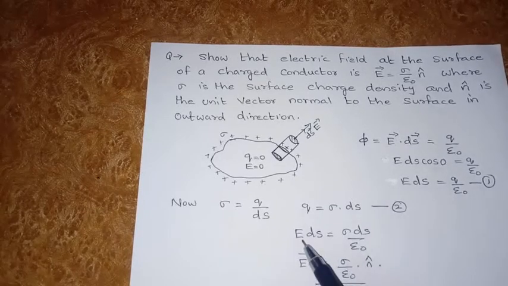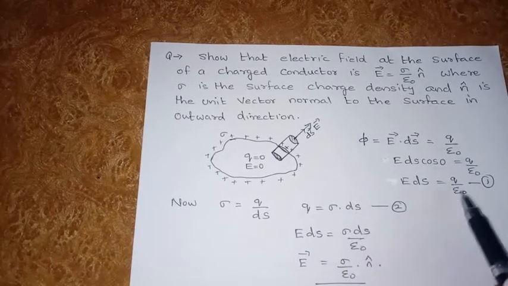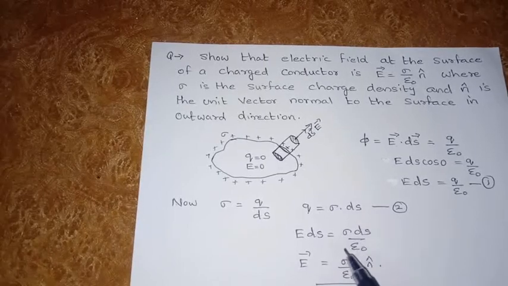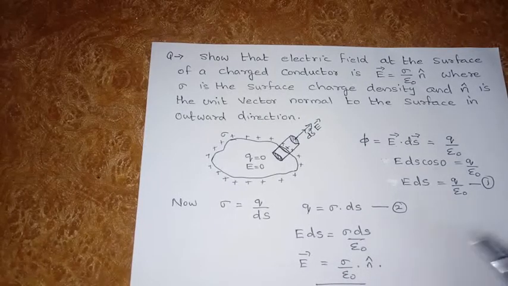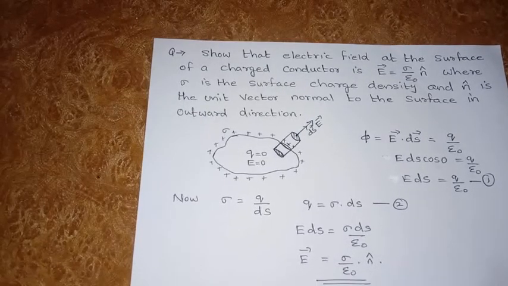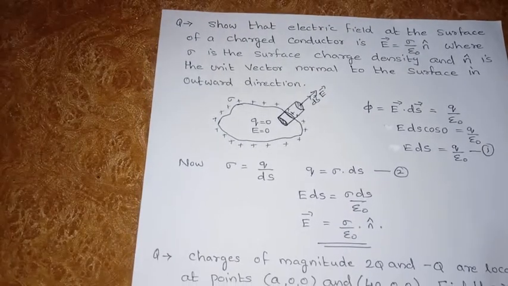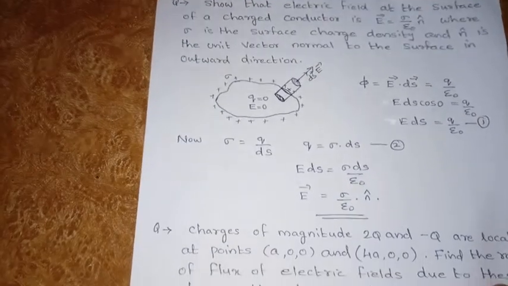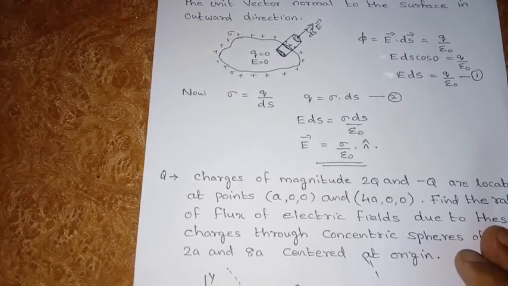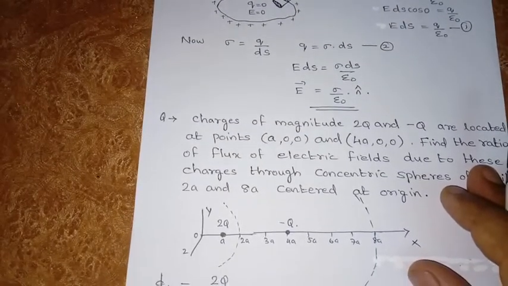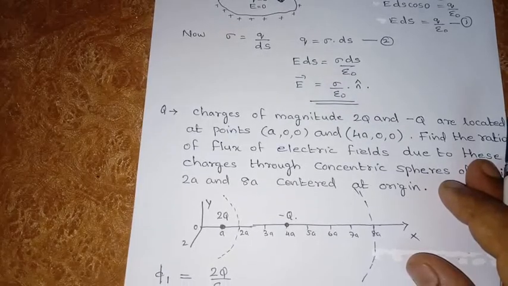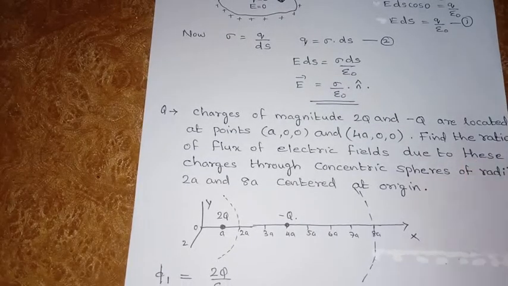Therefore, I can write E into ds is equal to, instead of Q, sigma ds divided by epsilon 0. That means ds cancels, and E is equal to sigma by epsilon 0 into n. So the electric field on the surface of a charged conductor will be sigma by epsilon 0, where sigma is the surface charge density and epsilon 0 is the permittivity of free space.